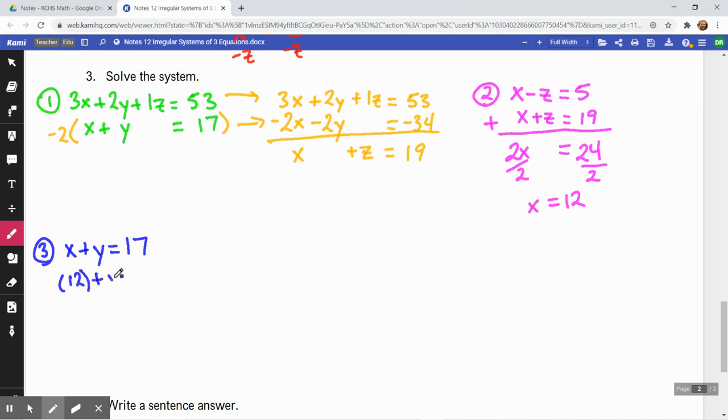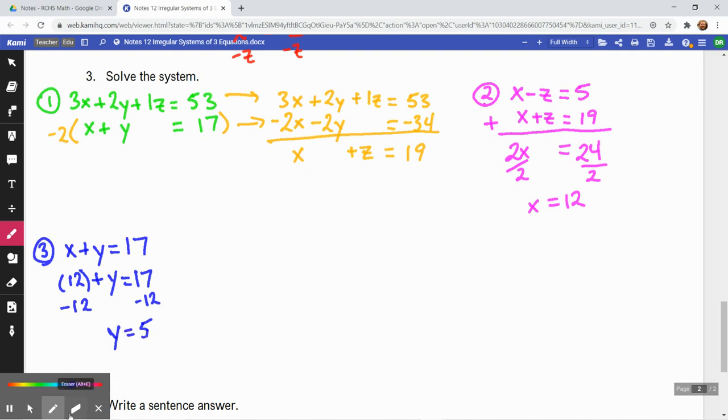So we have 12 plus y equals 17. And now we can start solving. This is just 12 in the beginning, so we can cancel that through subtraction. And we get y is equal to 5. So once you start getting solutions, things tend to go very quickly. Now we have y equals 5.